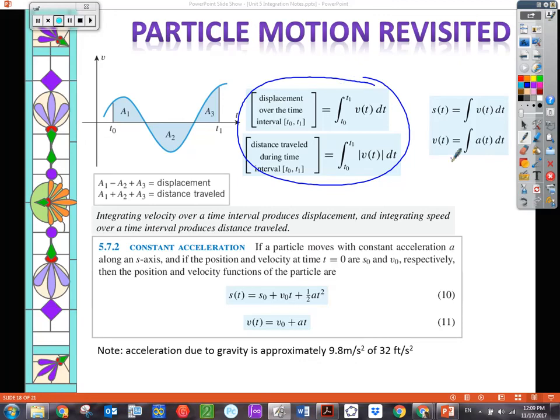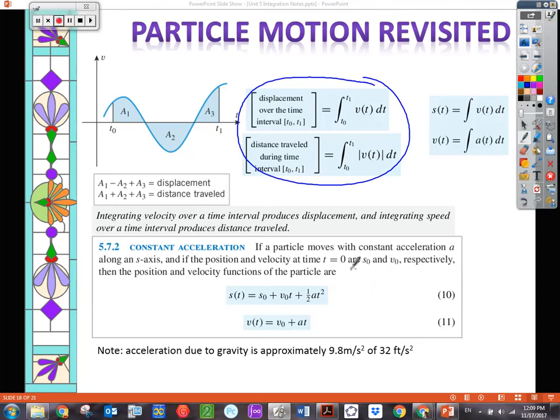This is just highlighting the relationship between velocity and position. If I integrate velocity, I get position. If we integrate acceleration, we're going to get velocity. That's kind of common sense to us right now. They're just trying to highlight the relationship between those types of functions. That's all. Okay, are we okay with that?